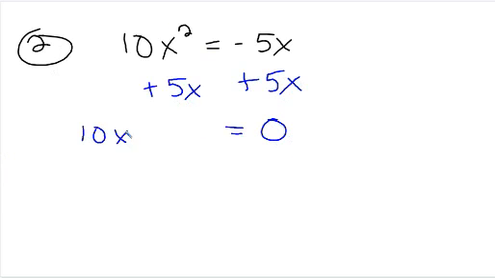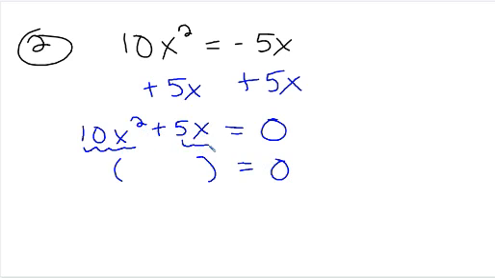Over here I have 10x squared plus 5x, and I do backwards distributive property again. What is common to both of these? A 5x. So I pull out a 5x. 5x times what makes 10x squared? That's 2x. 5x times what makes 5x? That's a 1. And now I can use the zero product property and split this into two problems.